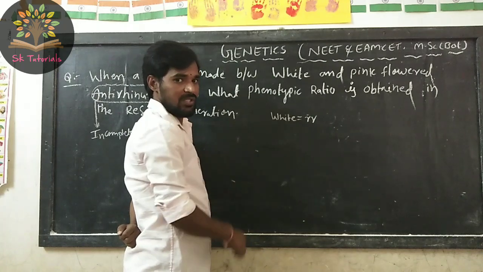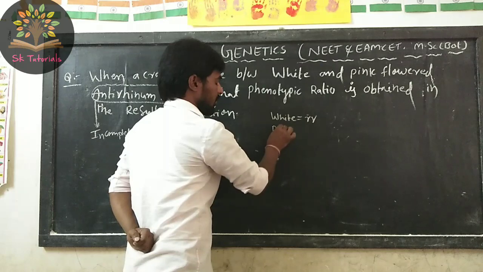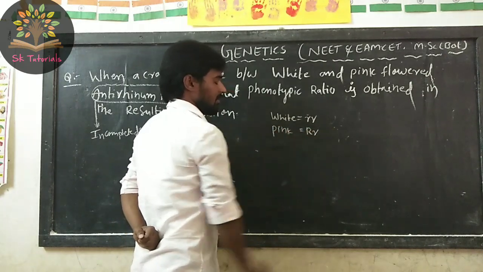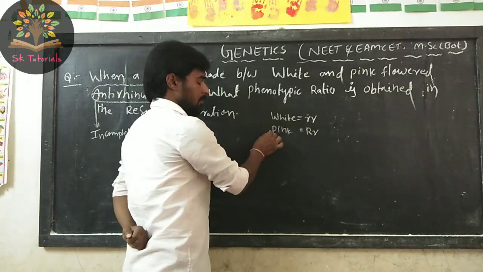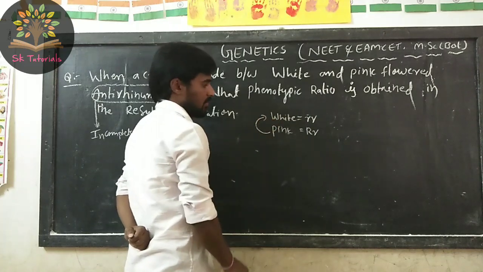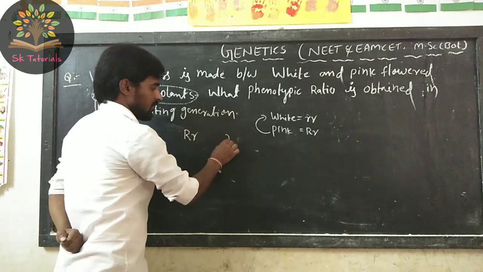Just recall the previous question. So pink flower, what is the pink flower symbol? Capital R, small r. So here the pink color flower plant is crossed with the white color flower plant. That is capital R, small r.